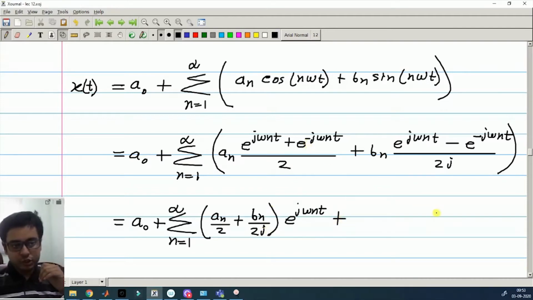Similarly, with e to the power minus j omega n t, we have an by 2 here and minus bn by 2j from here.